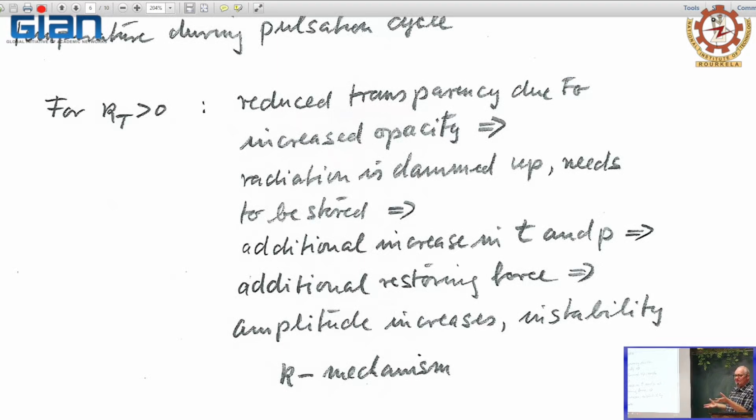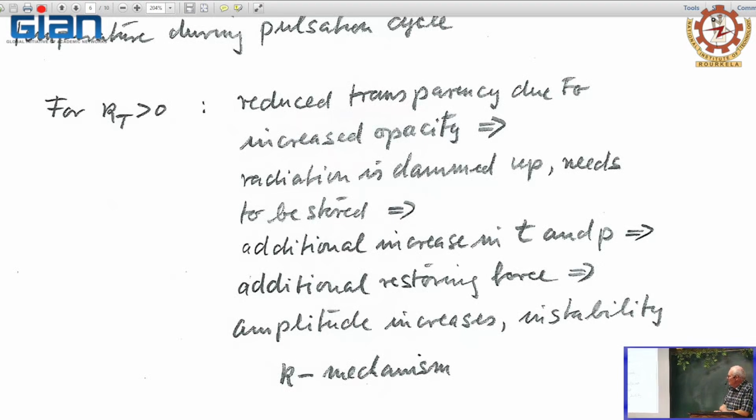We start with a cyclic motion, for instance, from an adiabatic pulsation, and then in the phase of maximum compression, we obtain an additional restoring force, which is caused by the deposit of additional energy, and this additional energy comes either from an increased nuclear energy generation or by damming up the radiation there, which then needs to be stored at the respective mass element.